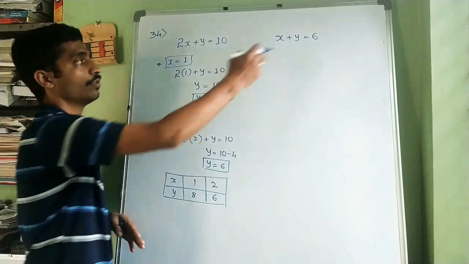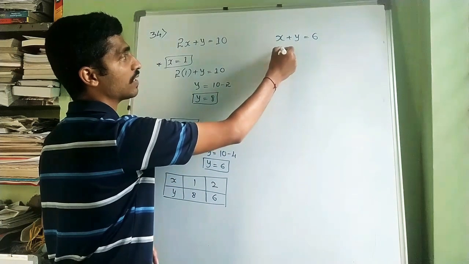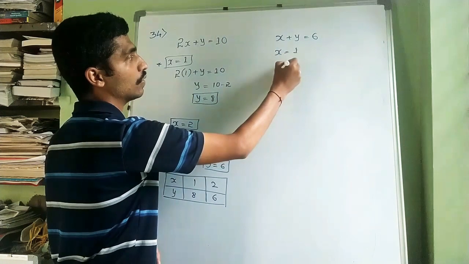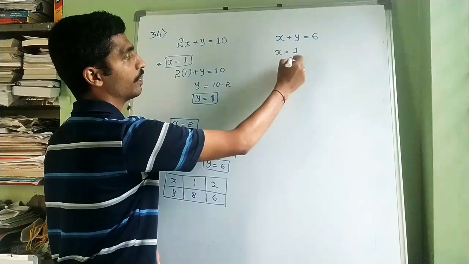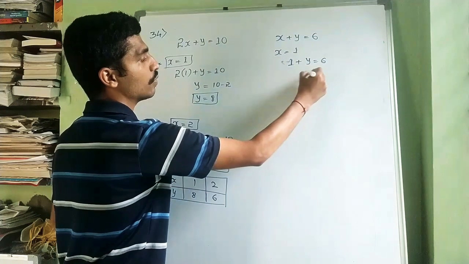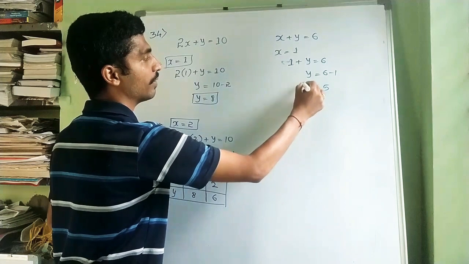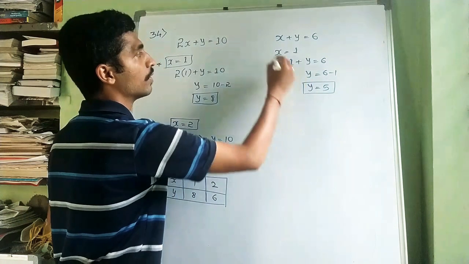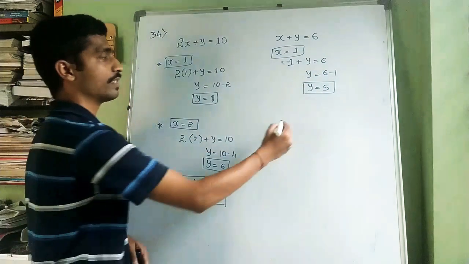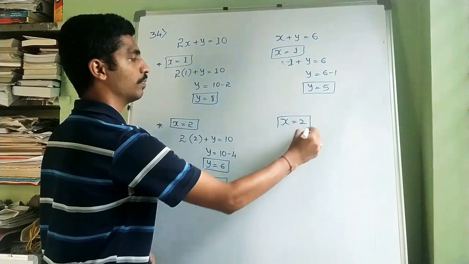Same thing you have to do for the second equation. So here x plus y equal to 6. So let's take x equal to 1. So equation becomes 1 plus y equal to 6. So y equal to 6 minus 1. So y equal to 5. So x is 1, then y will be 5. Similarly, let's take x equal to 2.